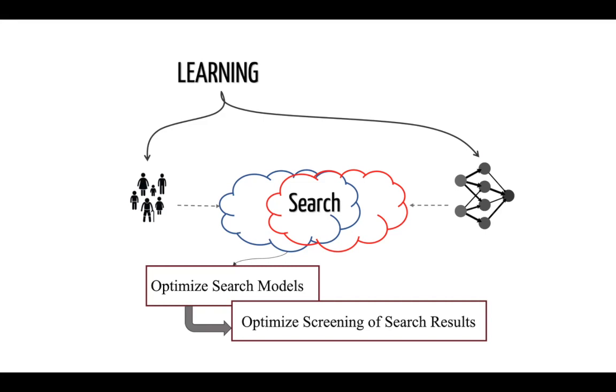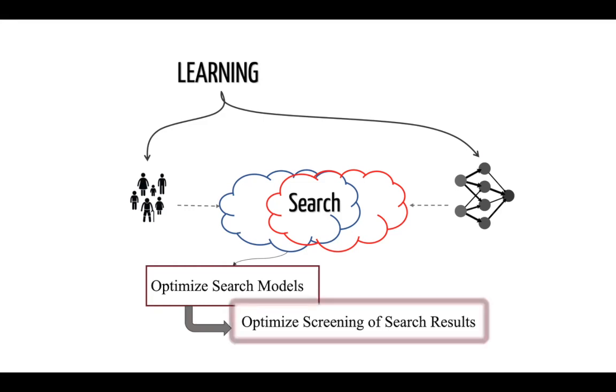Because we know that when users, or machines in general, learners, get the search results, they need to investigate the search results. They need to compare different items in the search results so that they can learn. So in this talk, I want to focus on the second question.